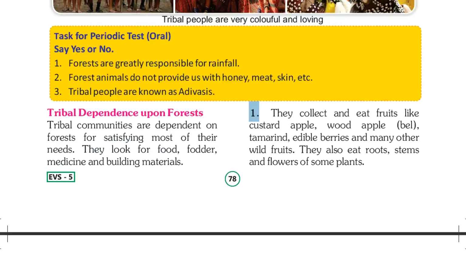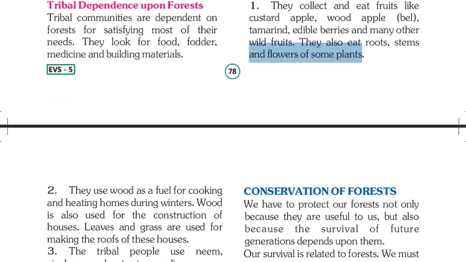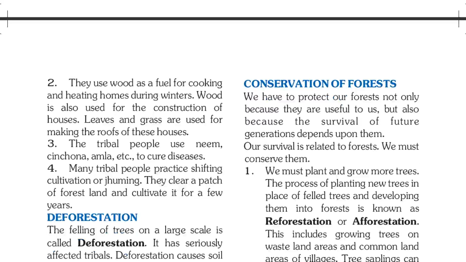Number 1. They collect and eat fruits like custard apple, wood apple, tamarind, edible berries and many other wild fruits. They also eat roots, stems and flowers of some plants. Number 2.